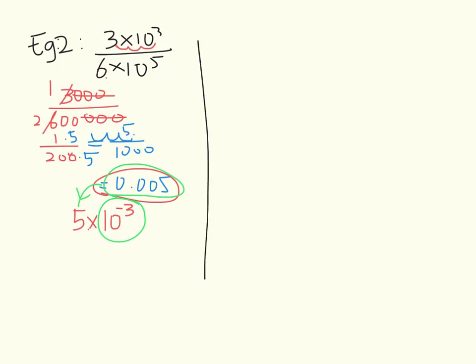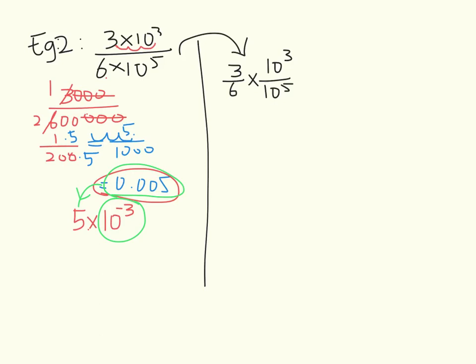We will now look at how we can simplify the two numbers by using the rules of exponents. So I'm going to first break it up to 3 over 6 times 10 to the 3rd divided by 10 to the 5th. This is using fraction rules where you can just break up the fraction into the product of two different fractions.